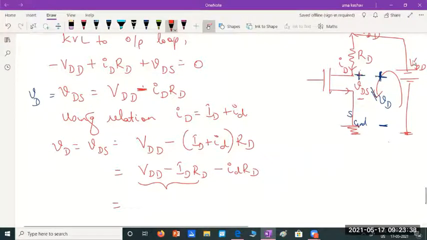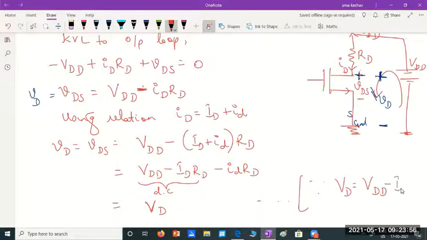VDD minus capital ID RD is purely a DC value. This is purely a DC value which represents the DC drain voltage, because the DC drain voltage is given as VDD minus ID RD.